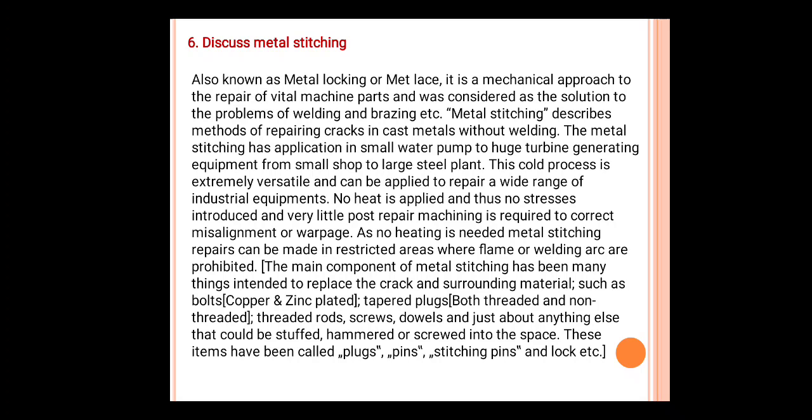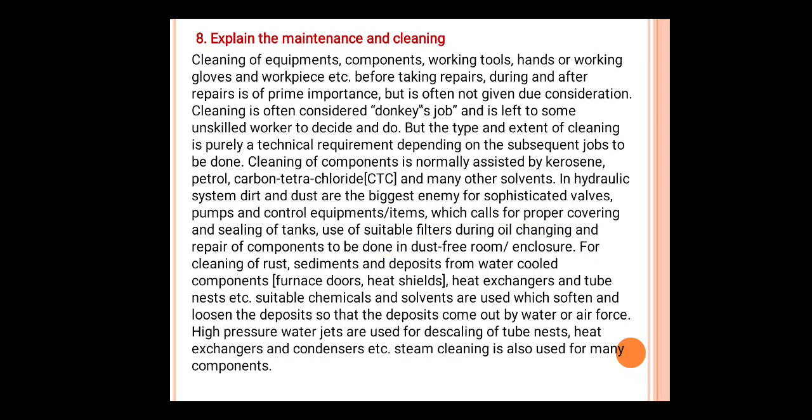These items have been called plugs, pins, stitching pins, and locks. You have to write this kind of things while writing the answers, then only he will give the full marks. This is regarding metal stitching. Moving on to the next question.